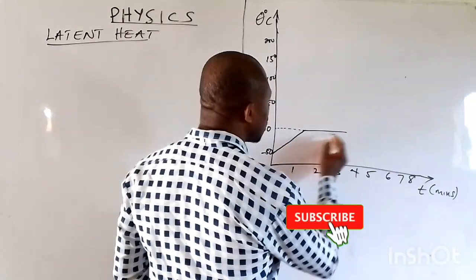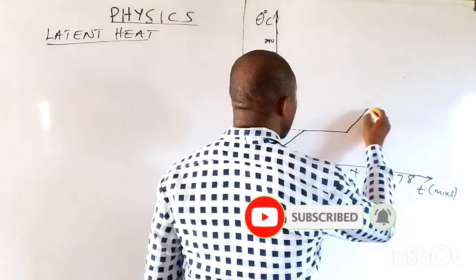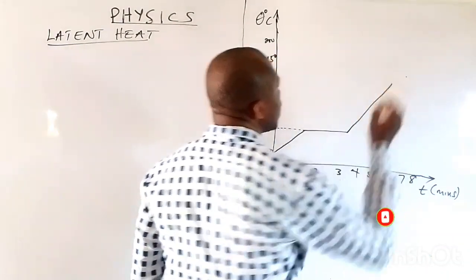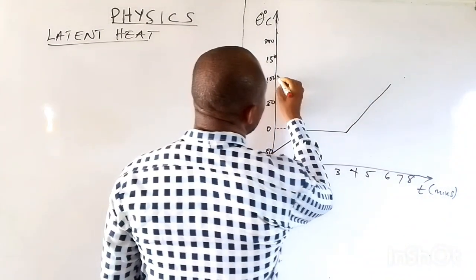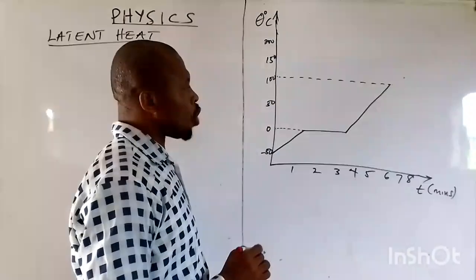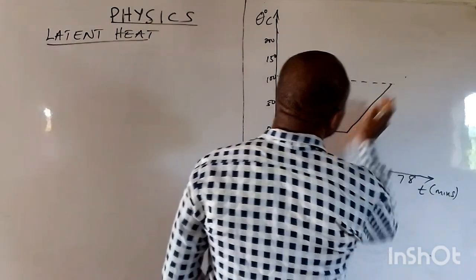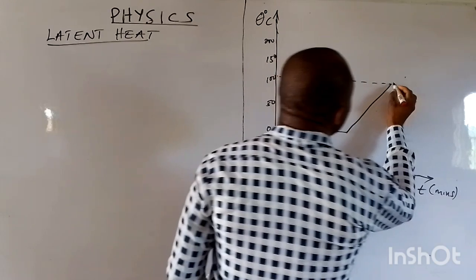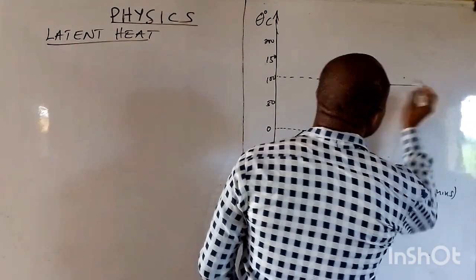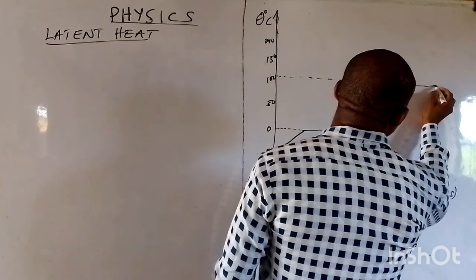Then on getting to this value, it can increase again. It increases up to 100 degrees Celsius, up to this point. This is the boiling point of water, and it can now maintain a constant temperature.